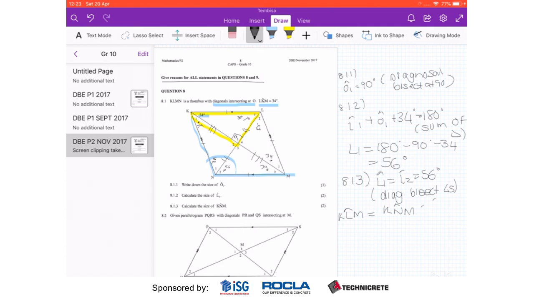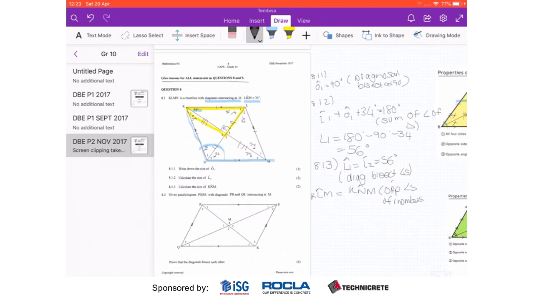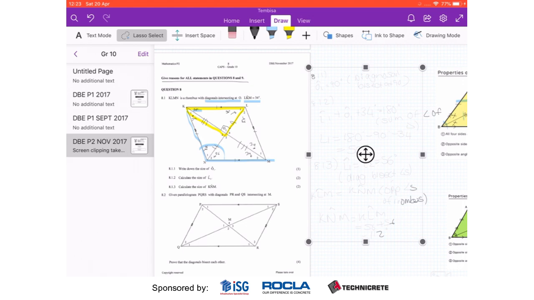My reason is opposite angles of a rhombus. And then finally, we can say that KNM is equal to KLM, which is equal to 56 plus 56, which is 112 degrees. Okay, I hope that was a good revision of a rhombus, and in a test, if you get a rhombus, you'll be able to remember the properties.